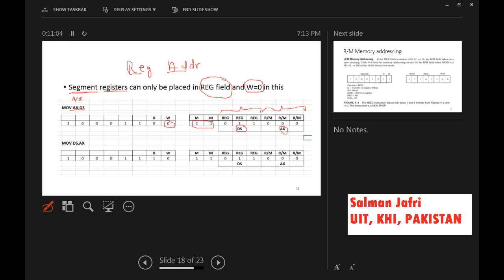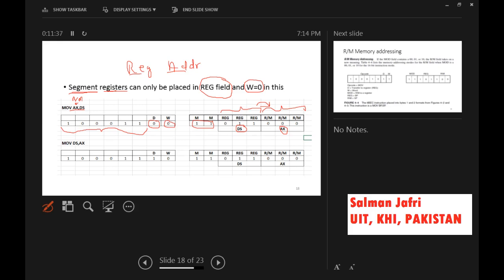Now since R/M holds AX, data is flowing into R/M. So data is flowing from DS to AX, and data is flowing from REG to R/M. So since this is the case, D becomes 0 in this particular case. And again, this is the opcode pattern 100011.